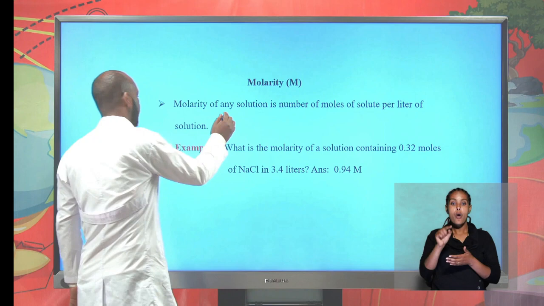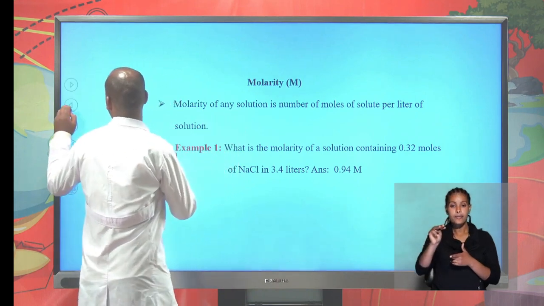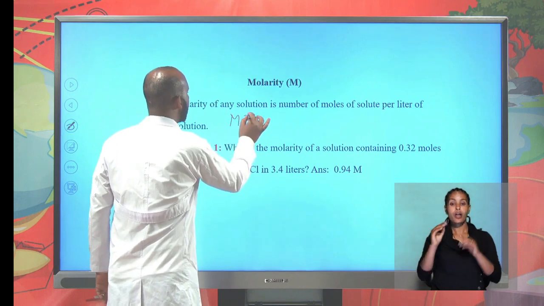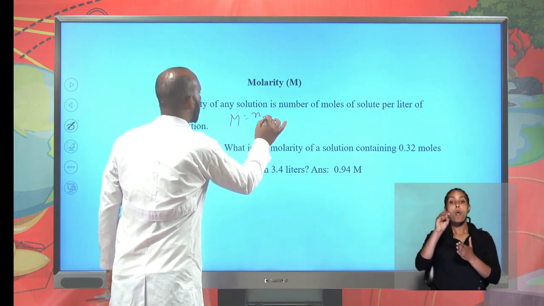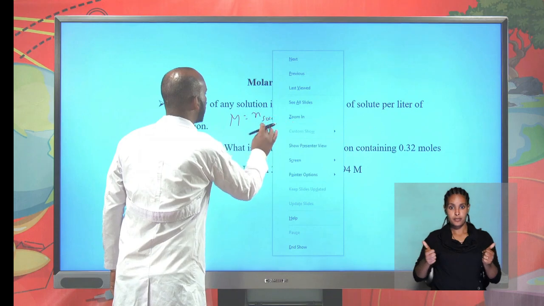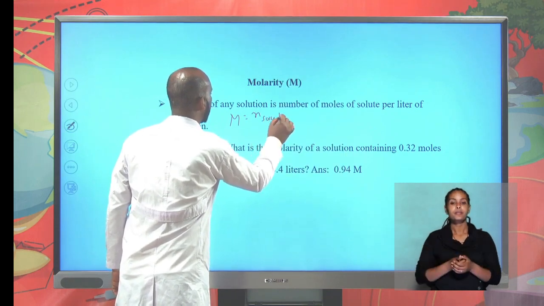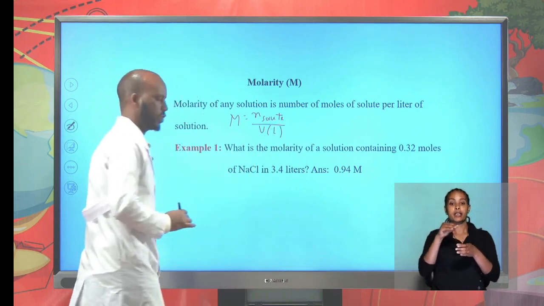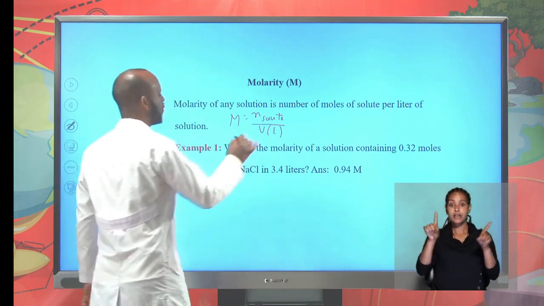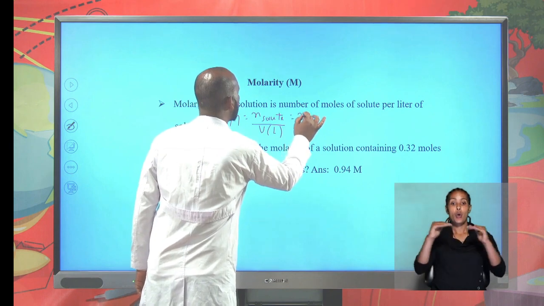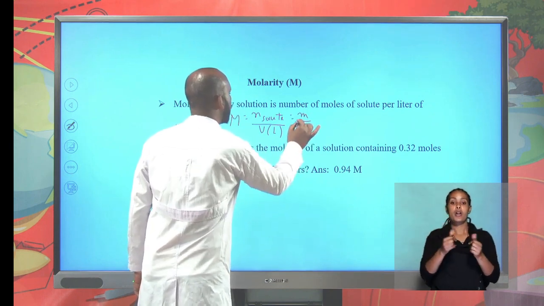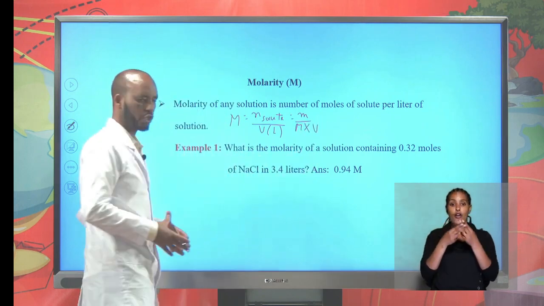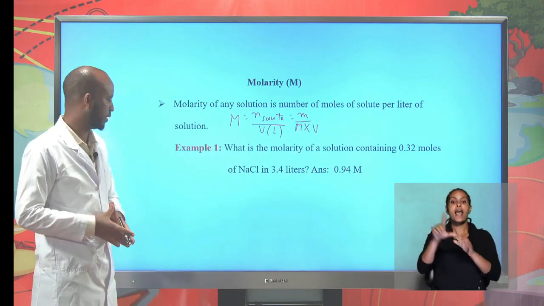Therefore, molarity equals number of moles of solute divided by volume of the solution in liters. But number of moles of solute equals mass of the solute divided by molar mass of the solute, so molarity equals mass divided by molar mass times volume of the solution in liters.